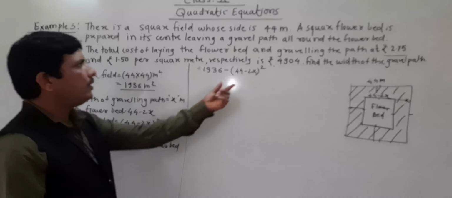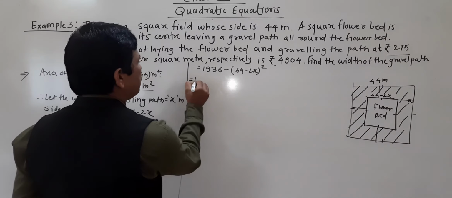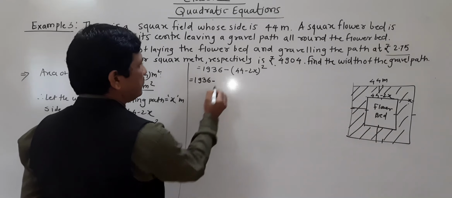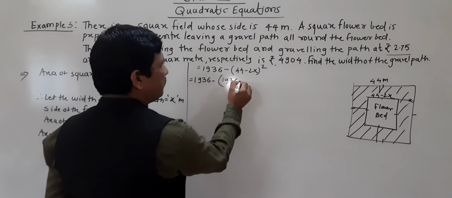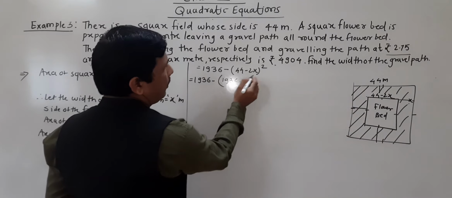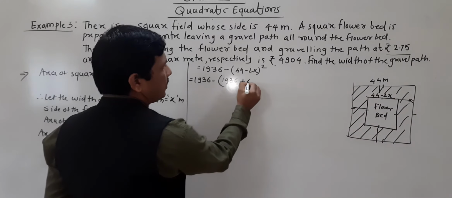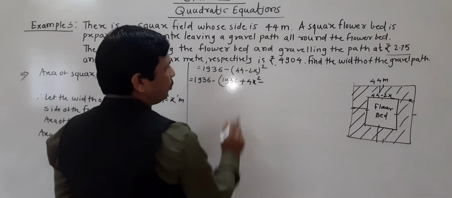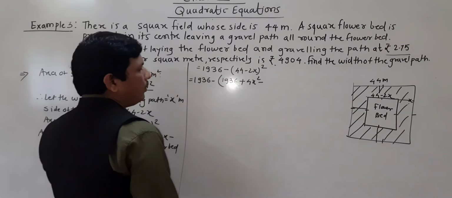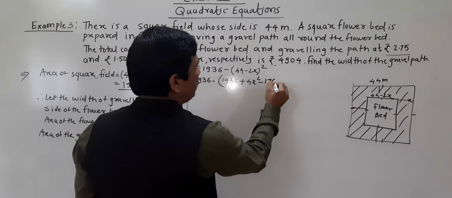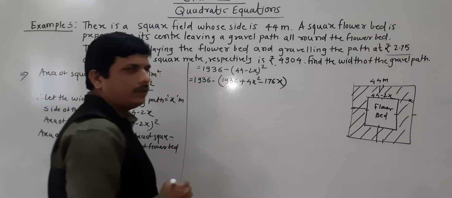First we will expand this. 1936 minus, 44 square is 1936, then 2x square, that is plus 4x square, minus 44 twos are 88, into 2x, that is 176x.